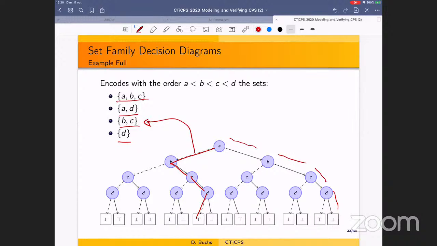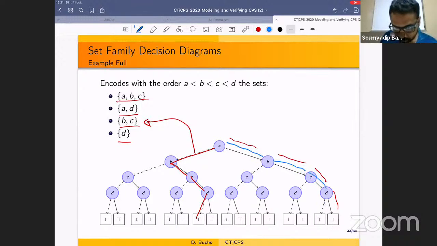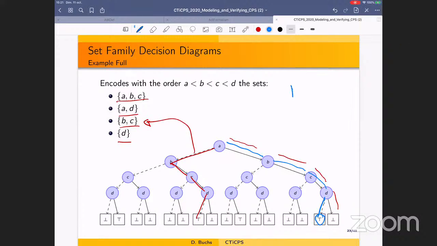So ABC is included. Can you please show it on the screen? Yeah, so I will take another color. So A, B, C, D. This is top.